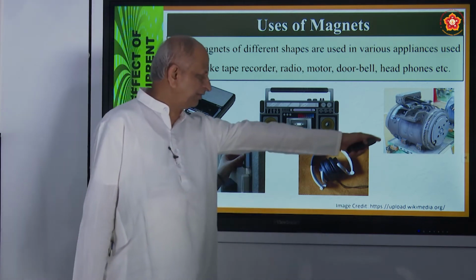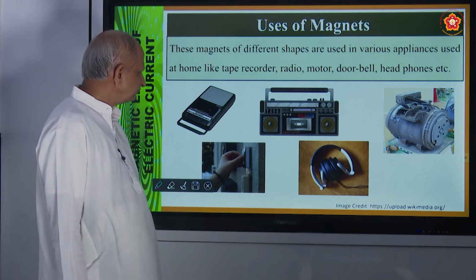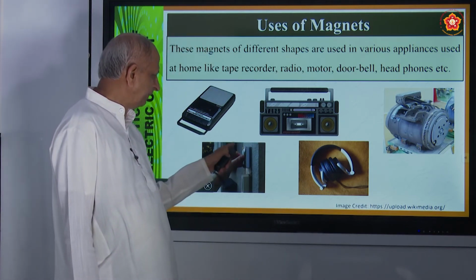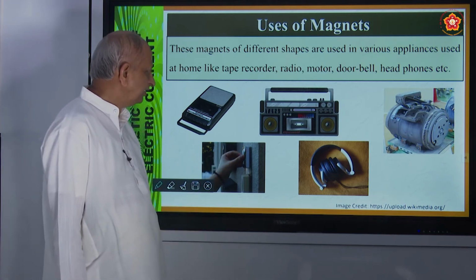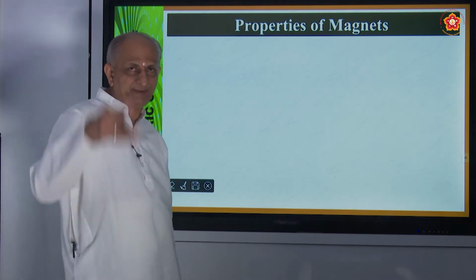In this case you have an electromagnet. And in this case also there is a bell, and in that bell you have an electromagnet. So like that the list is very big.